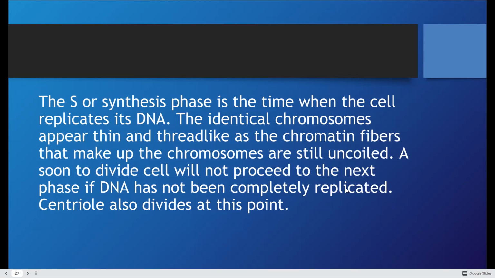The cell will not proceed to the next phase if the DNA has not been completely replicated, because the essence of the synthesis phase is to replicate the DNA for possible cell division. The centriole also divides at this point, in preparation for cell division.